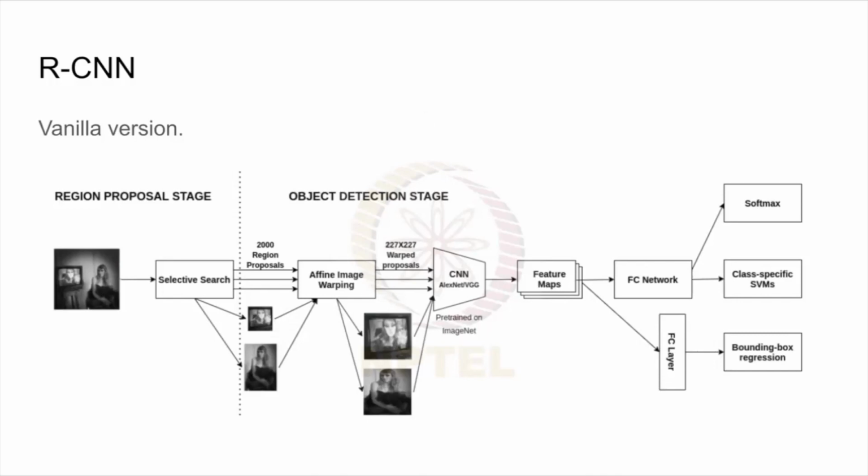Certain SVMs are built along with the softmax layer. So that will help us to classify with more robustness, and it will help in the classification so that the objects will be classified in a much easier way.